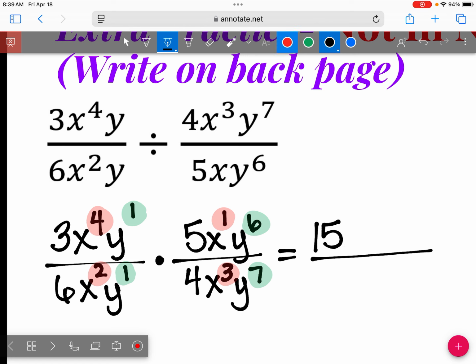And we're adding our exponents, so I have 4 plus 1, which gives me 5, and 1 plus 6, which gives me 7. In my denominator, I have 6 times 4, which is 24, 2 plus 3, which is 5, and 1 plus 7, which is 8.